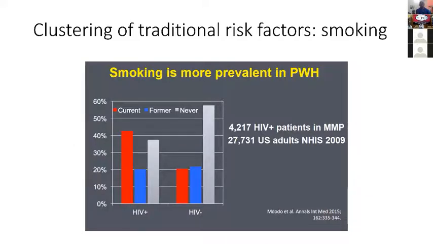And in addition, which this chart doesn't quite show, there's also a lower rate of quitting smoking, right? So you have fewer persons who never smoked among persons with HIV, but there's also a trend towards fewer people stopping smoking. And that has obvious implications for cancer causation.